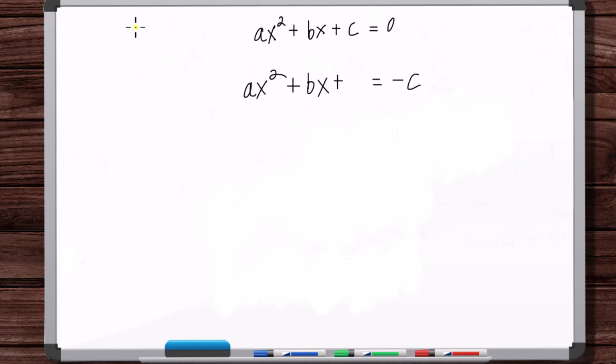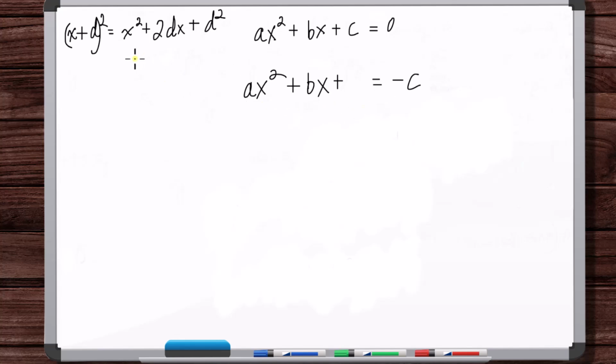I don't want to say x plus a, so let's do x plus d, since we're not using a d here. x plus d squared is x squared plus 2dx plus d squared.